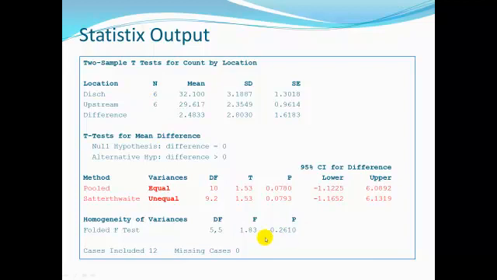You start here at the variance test, and you say, you know what? Because that p-value is 0.26, because it's bigger than 0.1, we fail to reject. We're going to use the equal row. So when I ask you for a p-value, 0.0780 is the correct p-value. These are your endpoints, negative 1.1225 and 6.0892. Those would be the endpoints you use for your confidence interval.